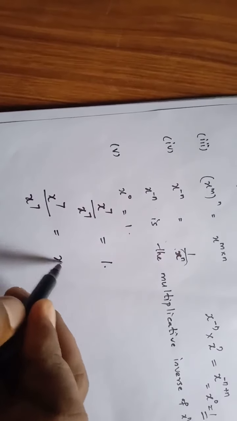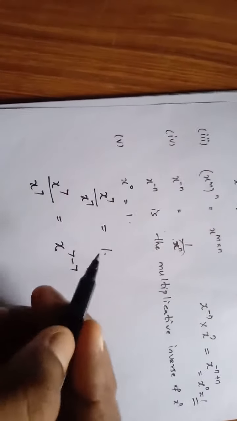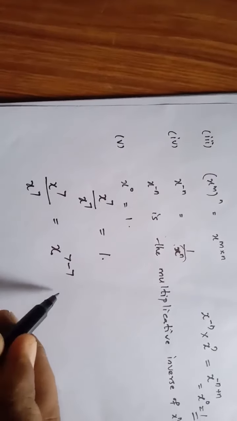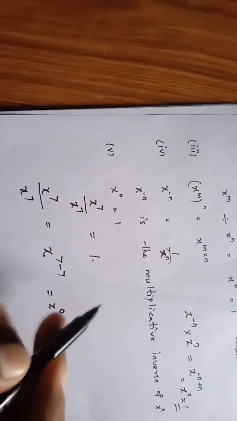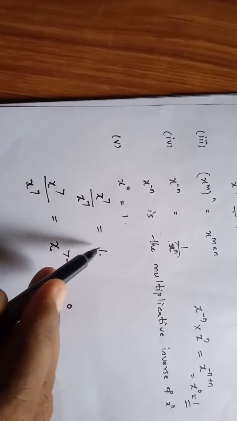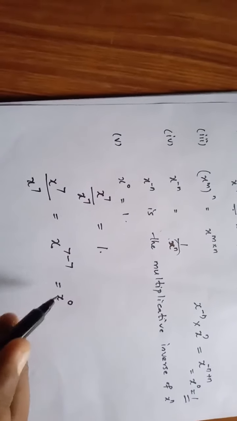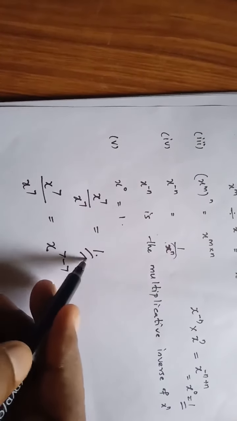So it will become x to the power 7 minus 7. And what is x to the power 7 minus 7? It is equal to x to the power 0. And here we have seen that x to the power 7 divided by x to the power 7 is equal to 1. So we can say that x to the power 0 is equal to 1. So these are the laws of exponents.